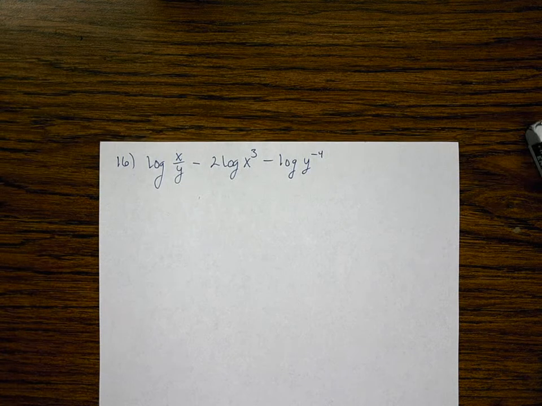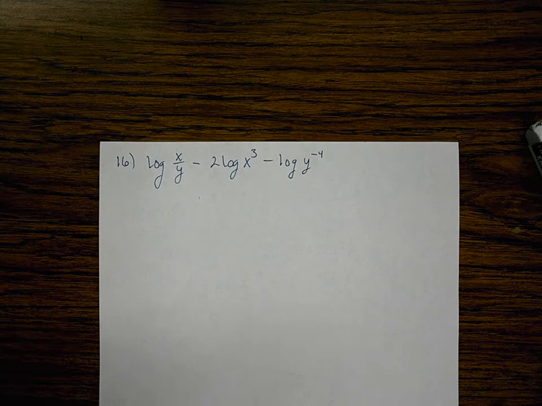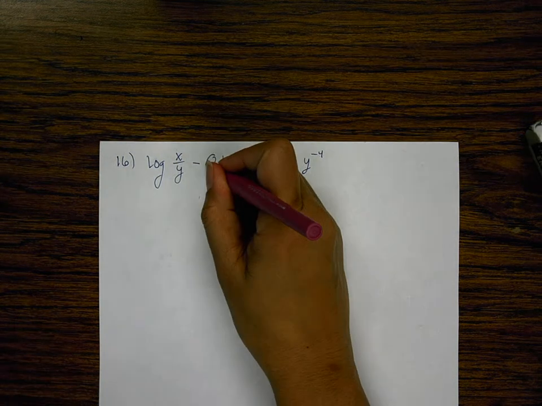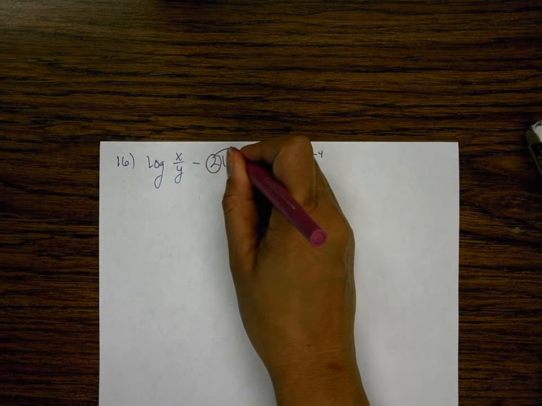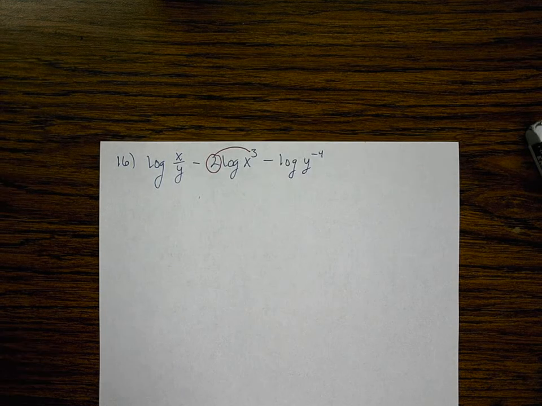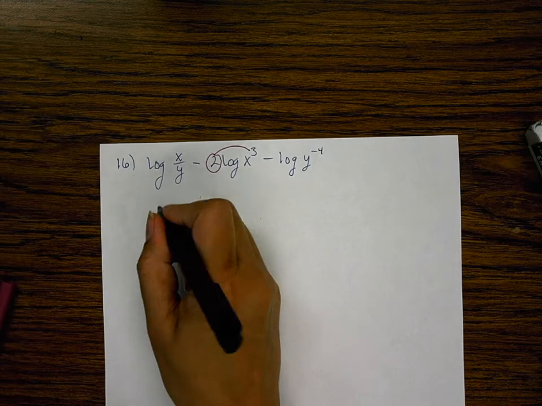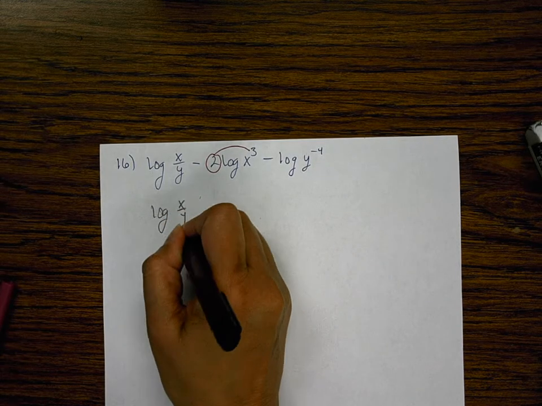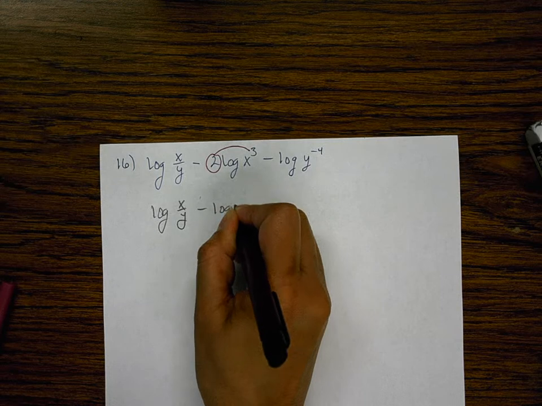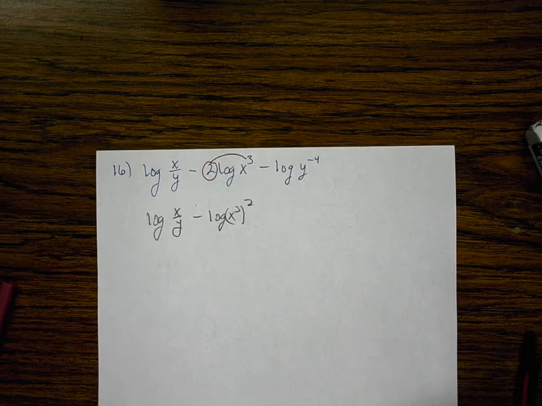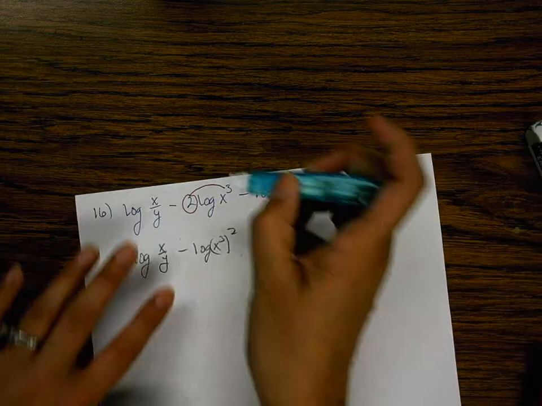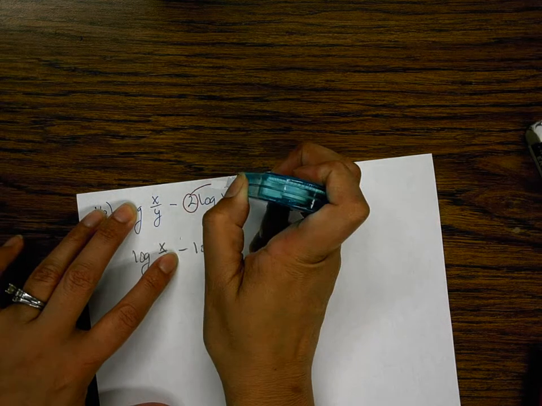All right, I'm going to do a little bit of changing. First one I'm going to do is take this and bring it up to the power. So log of x over y minus log of x cubed raised to the second, because that comes up as a power. I'm just going to fix that just a smidge.